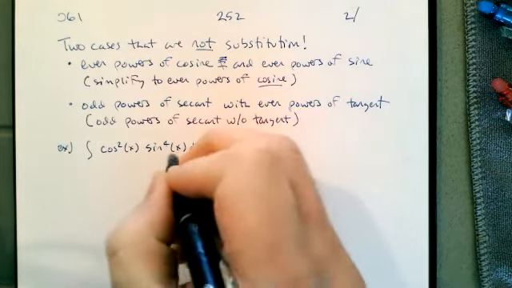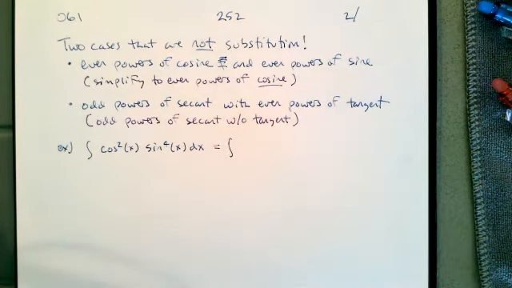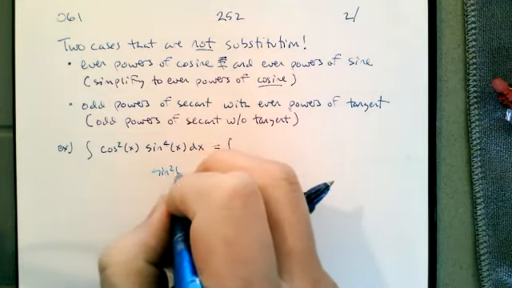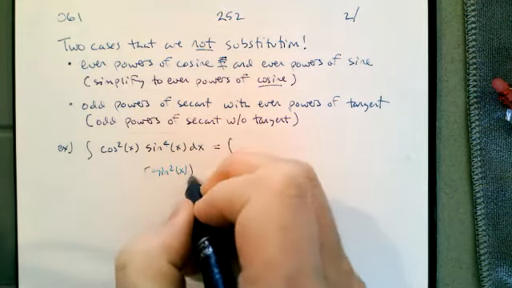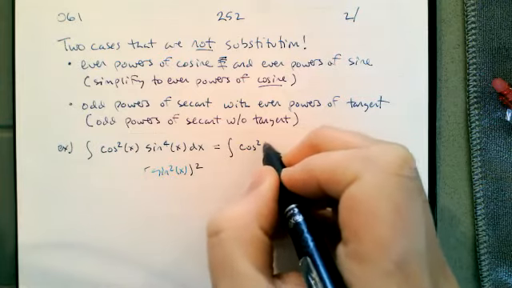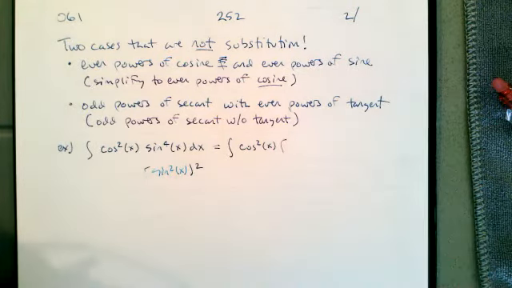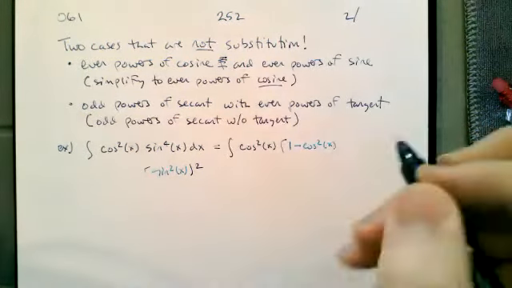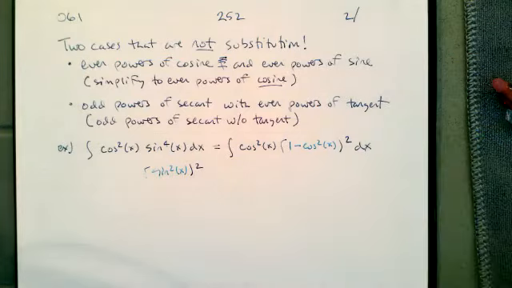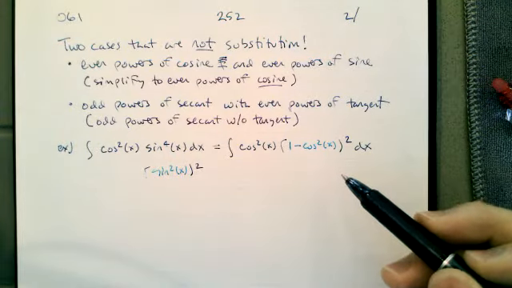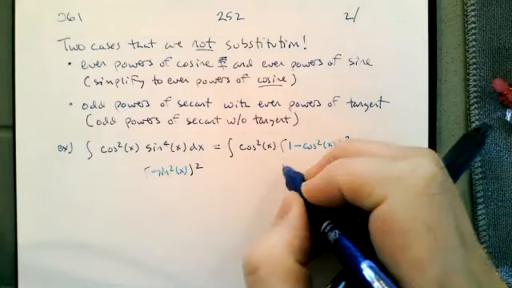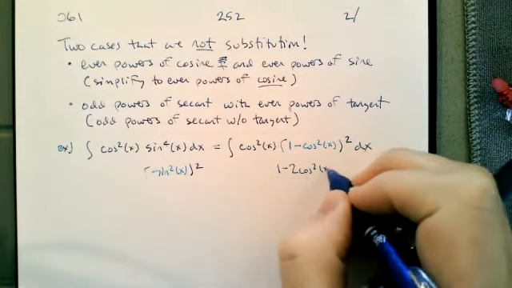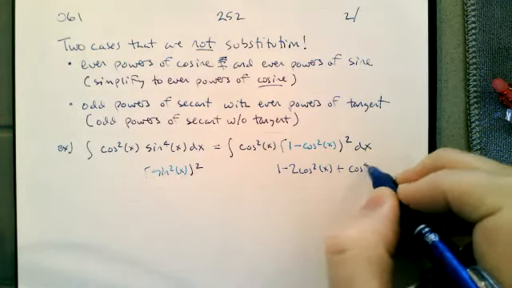So we're going to replace sine to the 4th with sine squared squared. So I'm going to rewrite this as sine squared x all squared. And this will become cosine squared x times 1 minus cosine squared x all squared. 1 minus cosine squared x, squared, can be simplified as 1 minus 2 cosine squared x plus cosine to the 4th x.